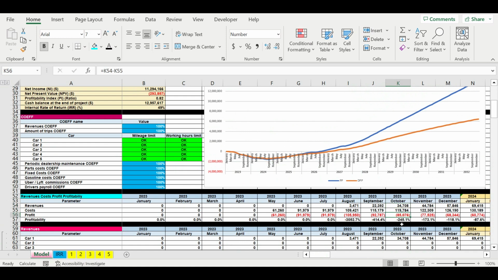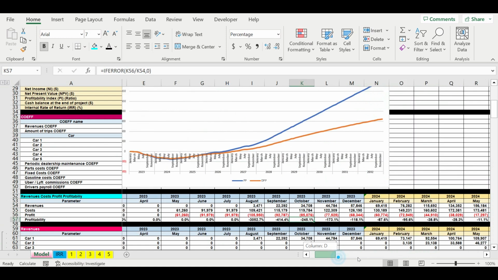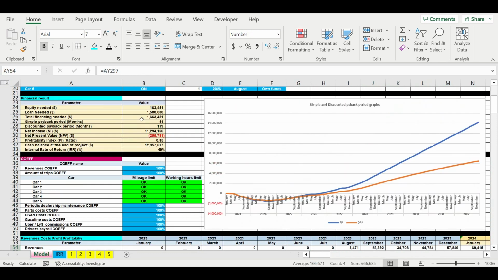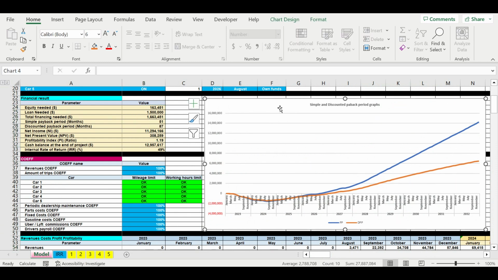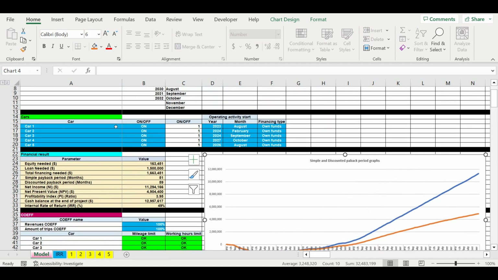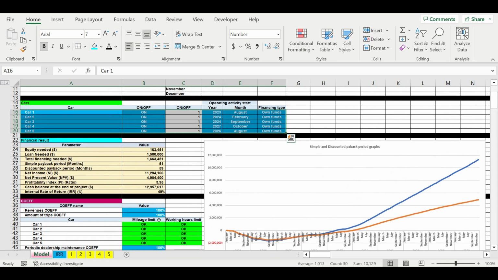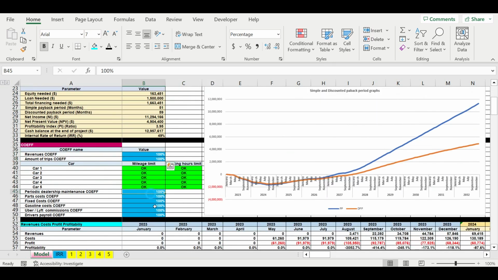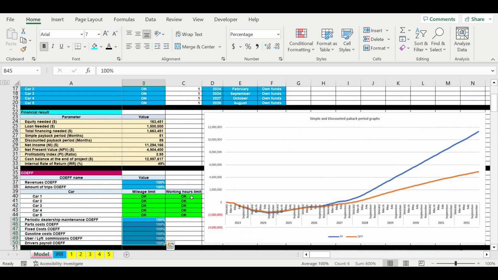Everything is very close to the financial efficiency, to the diagram of simple and discounted payback period. So we can play with this stuff. These are main inputs, and we can look at financials.